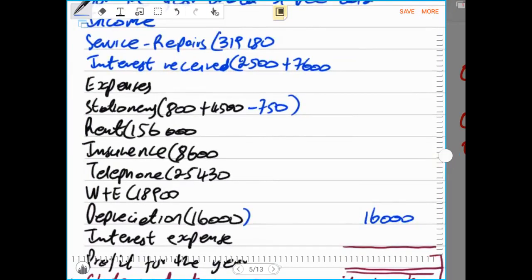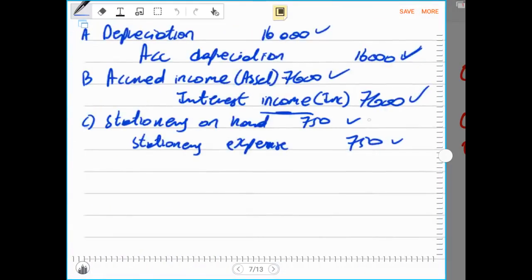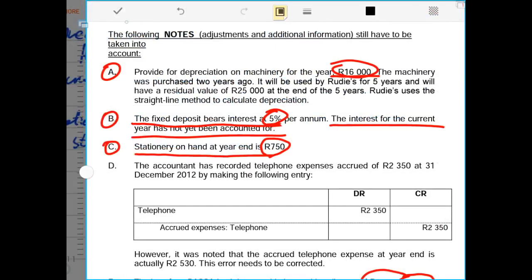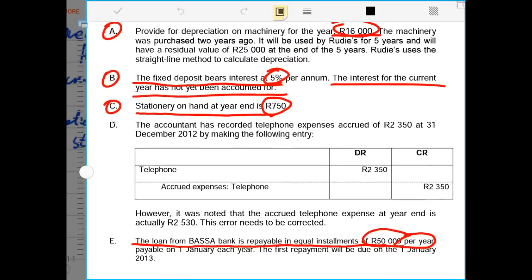Then after we go to the next journal entry, this has been recorded and this has been recorded. This is recorded under income statement and this is recorded under the balance sheet. Then we go to the next journal entry. The next journal entry tells us that the accountant has recorded telephone expense accrued 2,350 on the 31st of December 2012 by making the following entries.